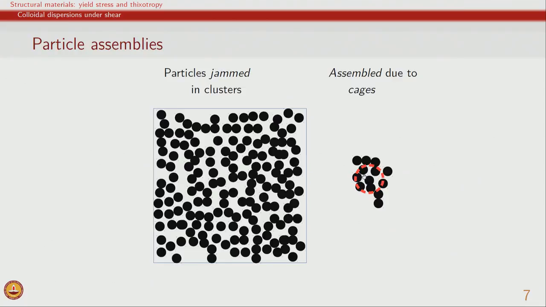Given that this particle cannot really move out of this cage, we have a situation where the overall material response will be quite solid-like, and if the cage is broken, then the particle can move about, and in that case it is possible that the overall response can be fluid. So, in general for particle assemblies, the particles are jammed in clusters, and therefore, very little mobility is there due to the cages being present.